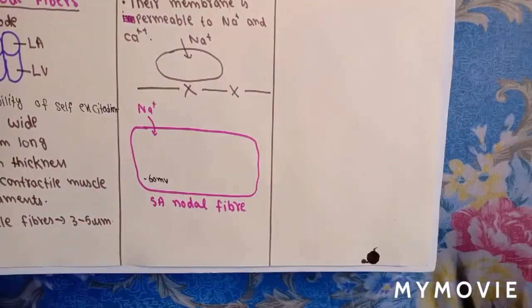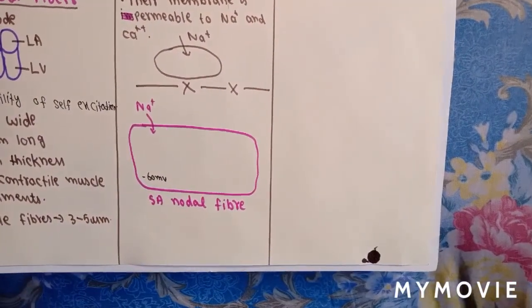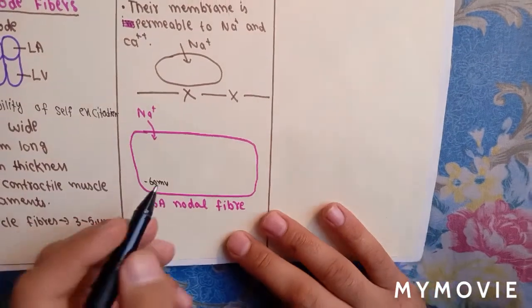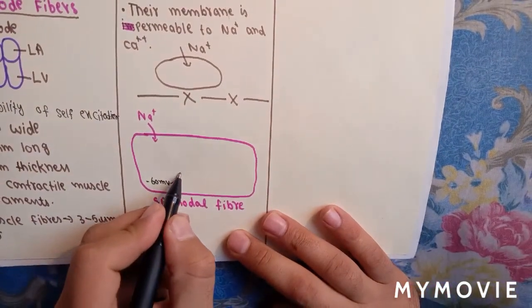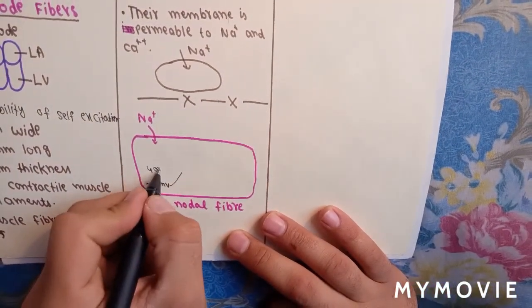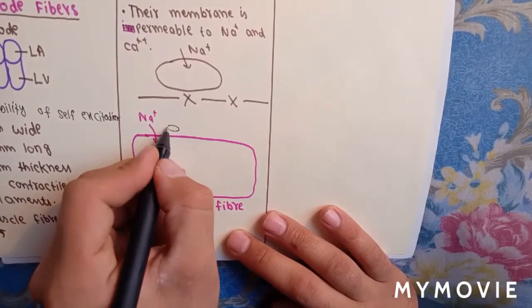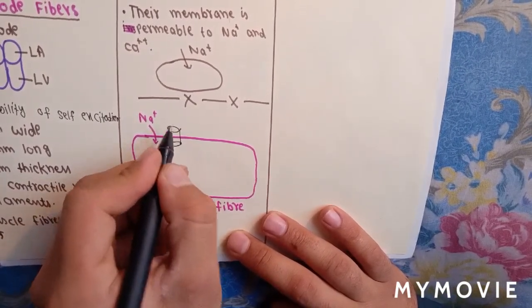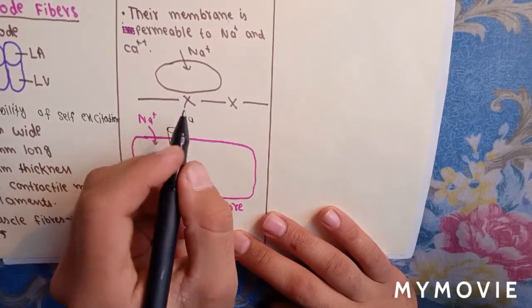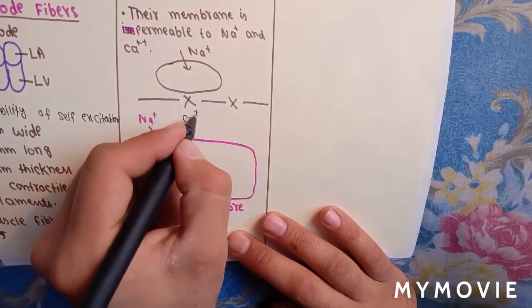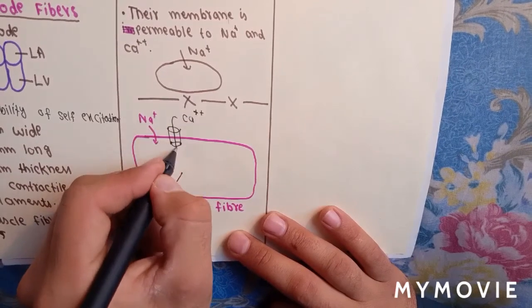So sodium is coming in, and its potential increases, moving toward positive, and it becomes minus 40, which is called the threshold potential for this SA node. Now calcium gates open. Calcium concentration is more outside the cell as compared to inside, so calcium ion moves inside the cell.